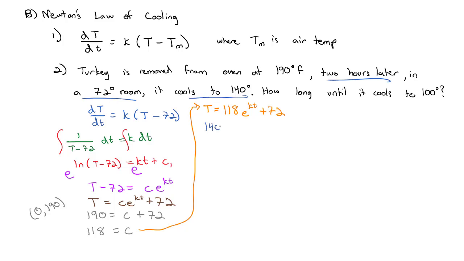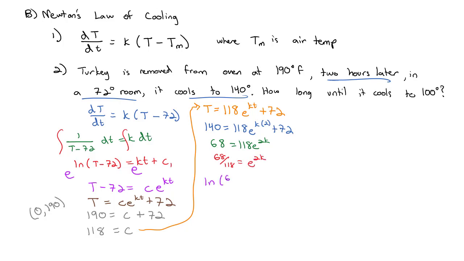So it's 140 degrees after 2 hours. 140 is equal to 118 e to the k times the 2 hours plus 72. Subtract 72 from both sides to get 68 equals 118 e to the 2k. Divide both sides by the 118. It's equal to e to the 2k.